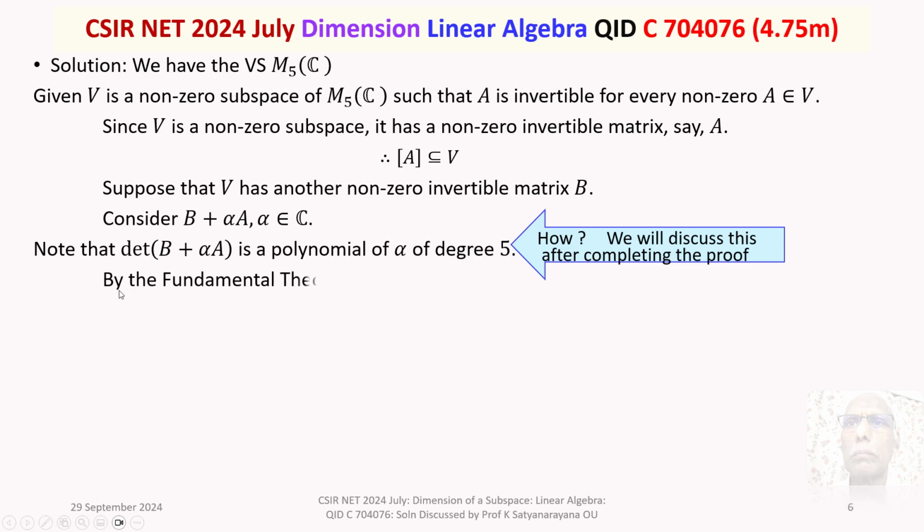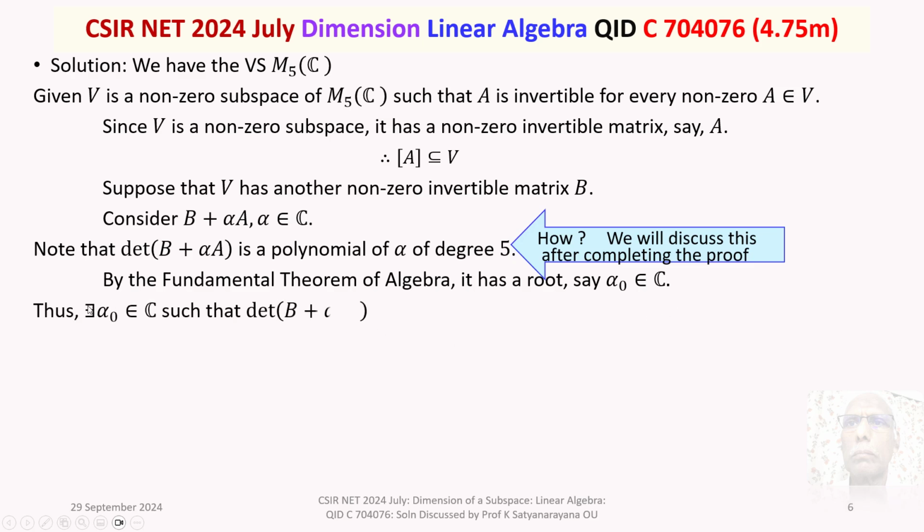Thus, by the fundamental theorem of algebra, it has a root, say alpha naught belonging to C. Thus, there exists an alpha naught belonging to C such that the determinant of B plus alpha naught A is 0.